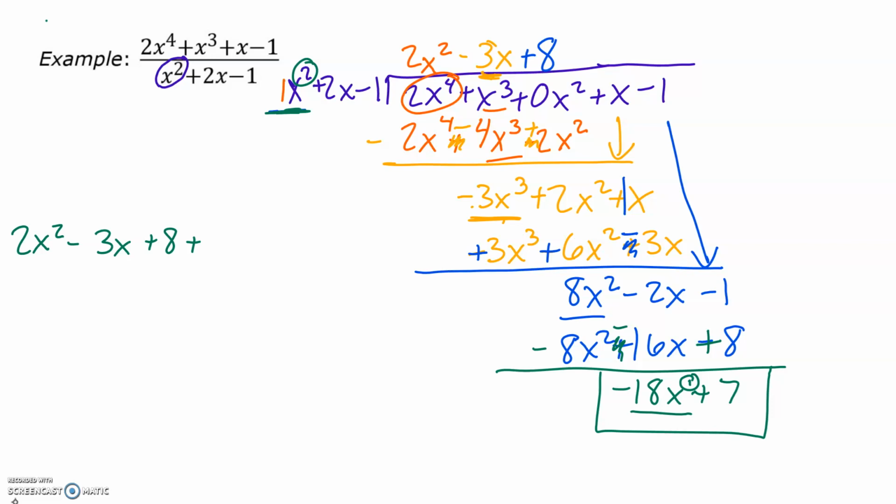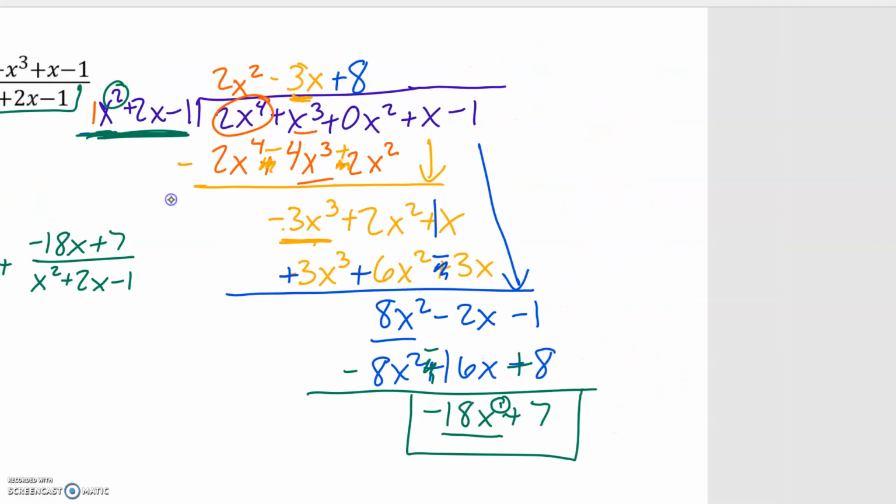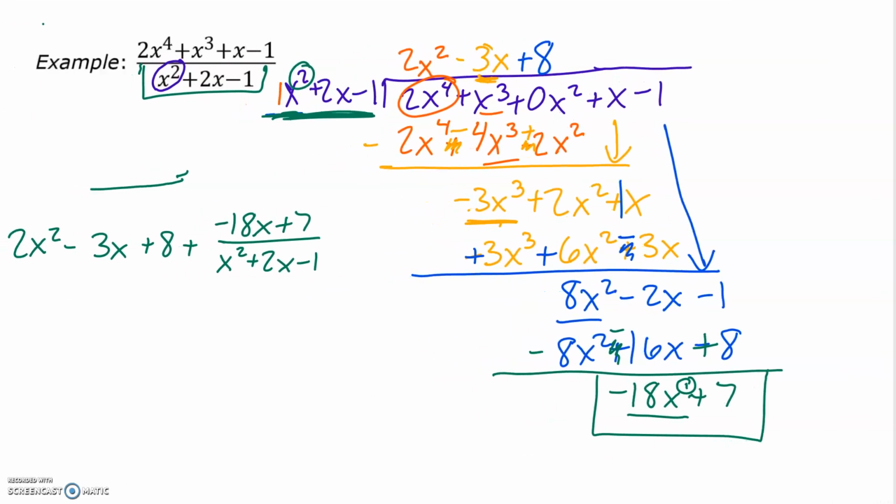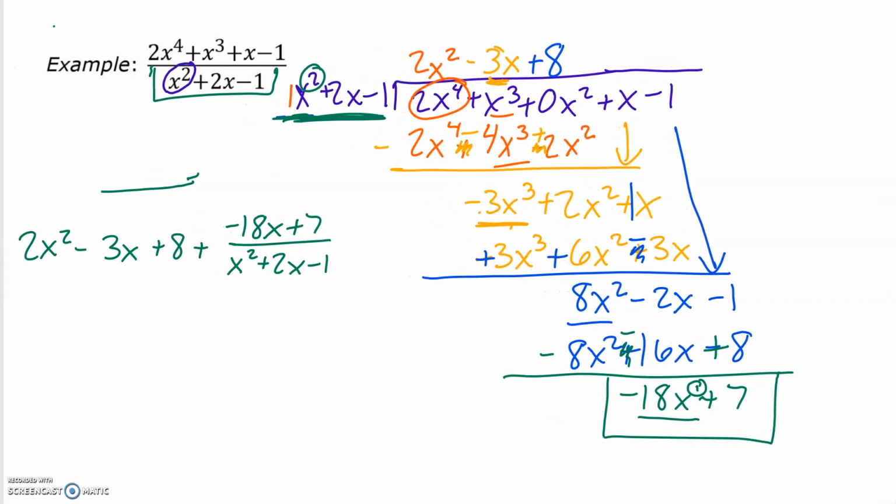So this would be plus negative 18x plus 7, all divided by our divisor, which remember is our denominator from our original fraction, the number on the outside of our division problem. So that would be x squared plus 2x minus 1. That would be our final answer if we were writing it out algebraically.